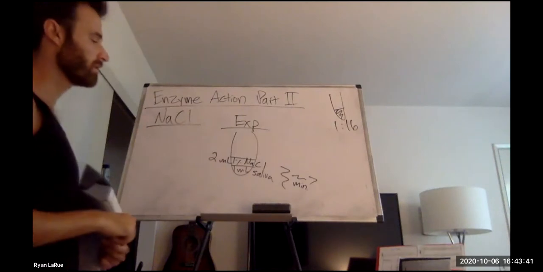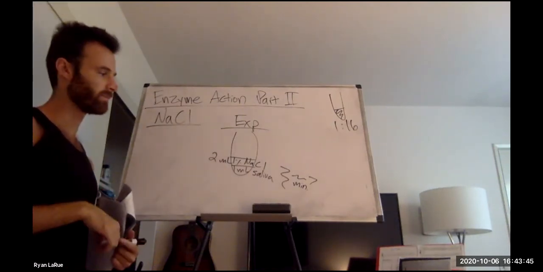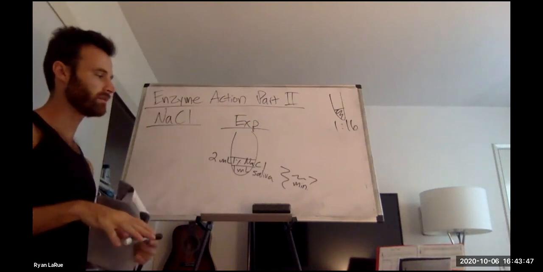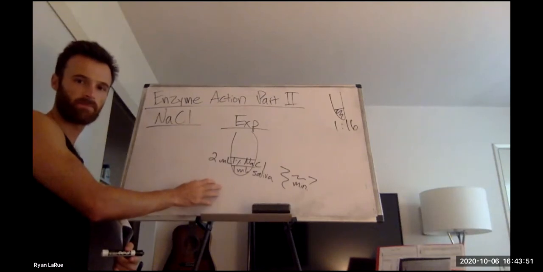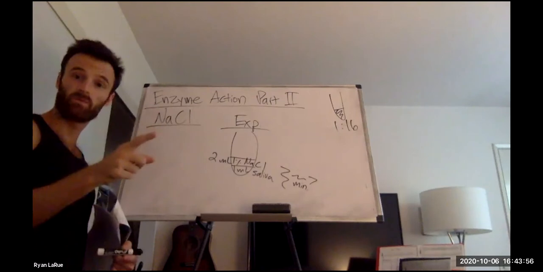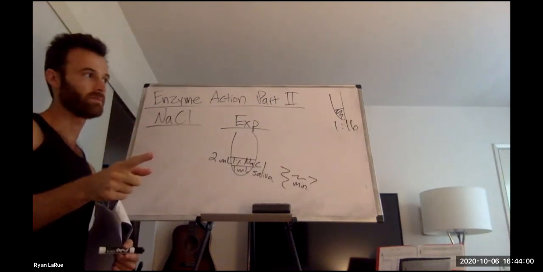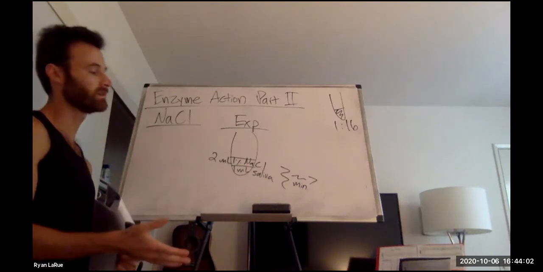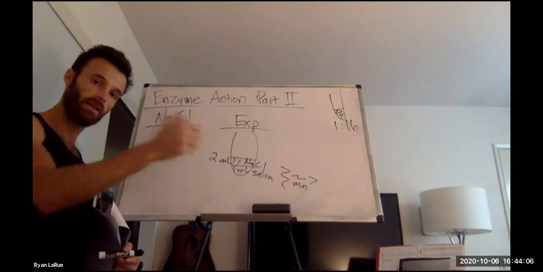Okay? And if you remember last week, we had the starch in the tube first, right? And then we were adding the saliva to it. And then we would wait the 30 seconds. And then after the 30 seconds, you would pipette into the wells.